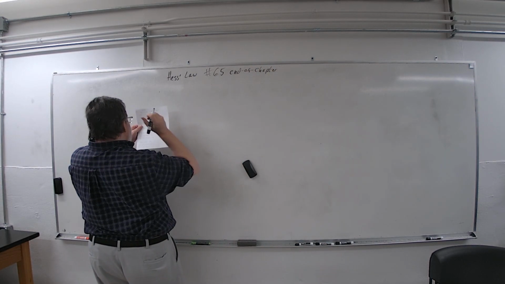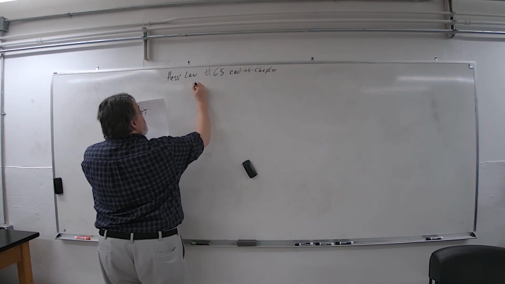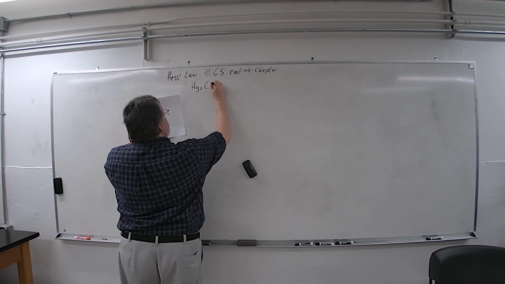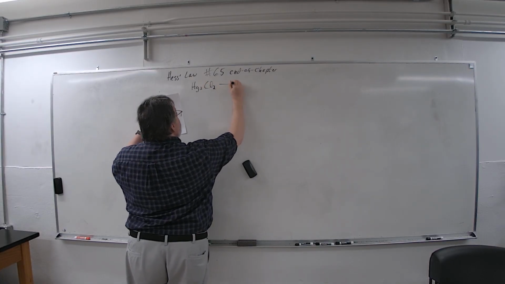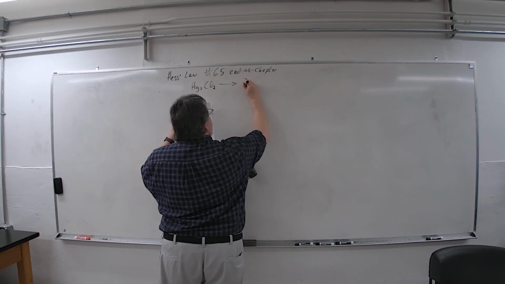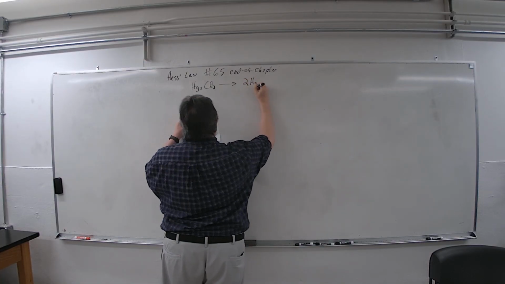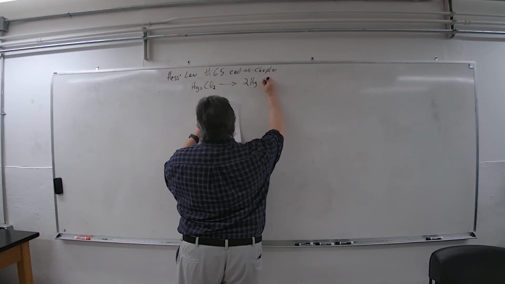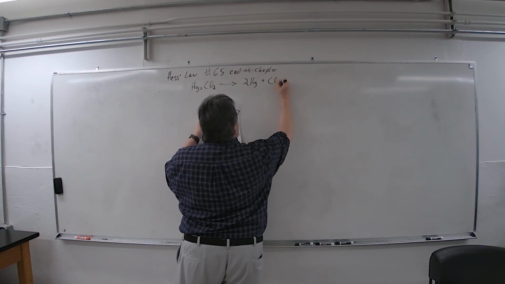Number 65 at the end of the chapter. Okay. Hg2Cl2 to Hg plus Cl2.